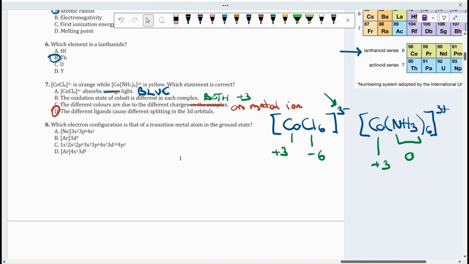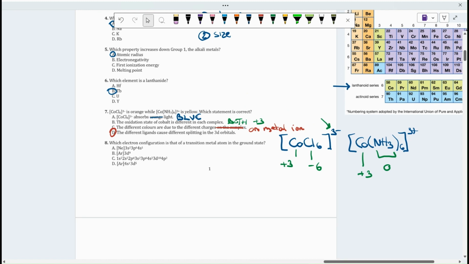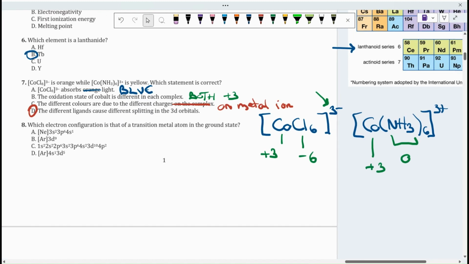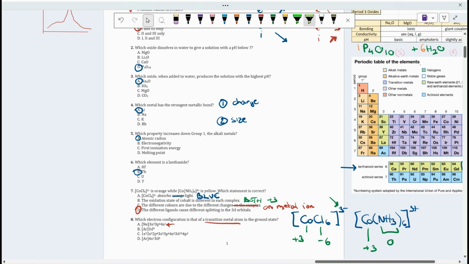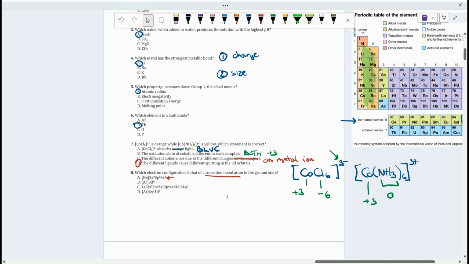Number 8. Which electron configuration is that of a transition metal atom in the ground state? So looking at A, neon 3s2, 3p6, 4s1. The fact that we end on 4s1 should indicate that won't be a transition metal, because 4s1 is this bit here.